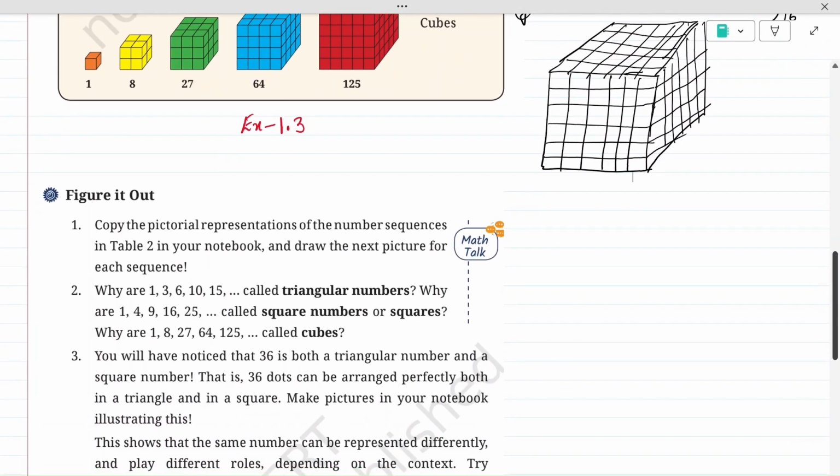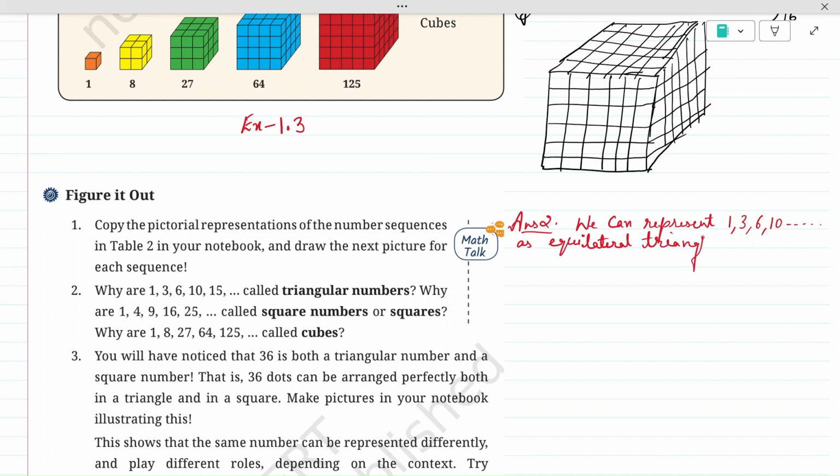Okay, so I'm writing here answer number 2. We can represent 1, 3, 6, 10, and so on as an equilateral triangle, that is, all sides equal.